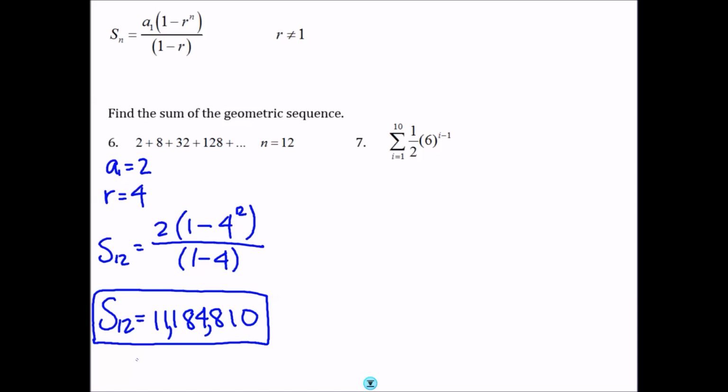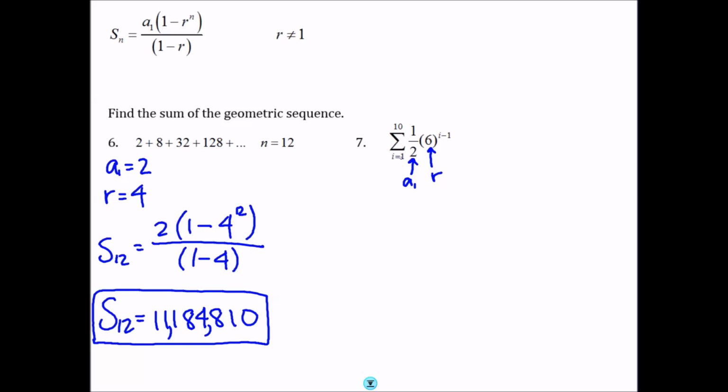Now, number 7 here is written in sigma notation. So we learned when we did arithmetic sequences that we can use the summation function on the calculator, or we can do it by hand. If we do it by hand, this formula is in the same format as the geometric sequence formula. 1/2 is the first term, and 6 will be r.